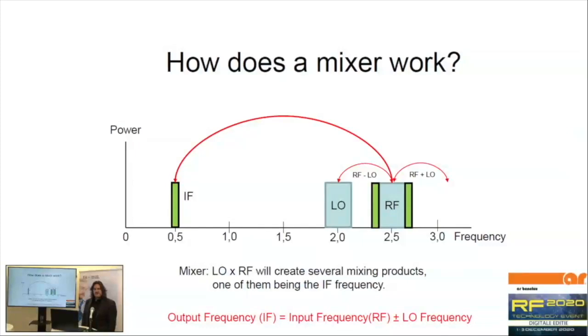LO and RF are added and subtracted. That's the most basic thing. A lot of more components will add, but usually those are filtered out, or the circuits inside prohibit them from reaching the output as well. But you get your LO plus RF and you get your LO minus RF. So in this case, if you subtract the LO from the RF, you get the IF.